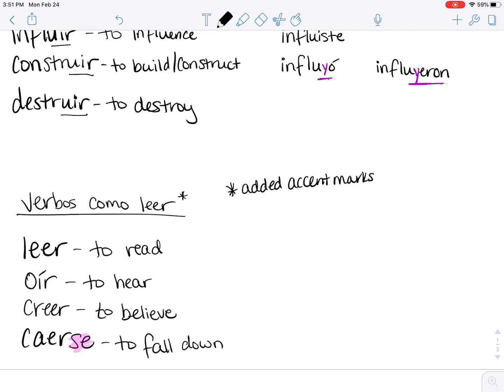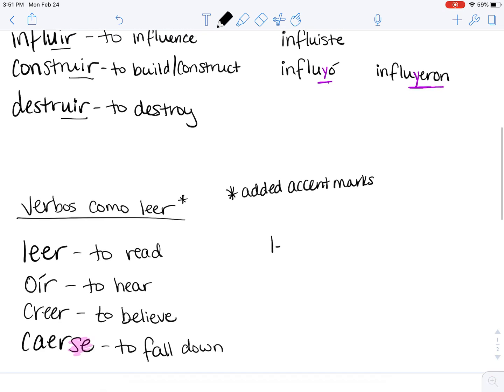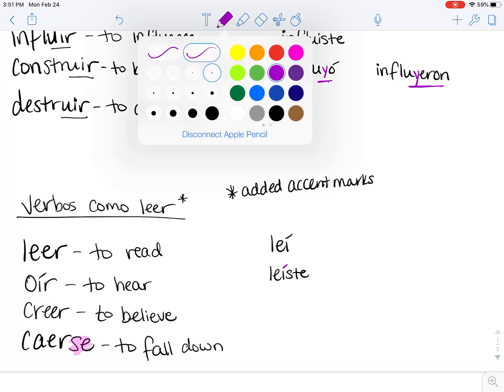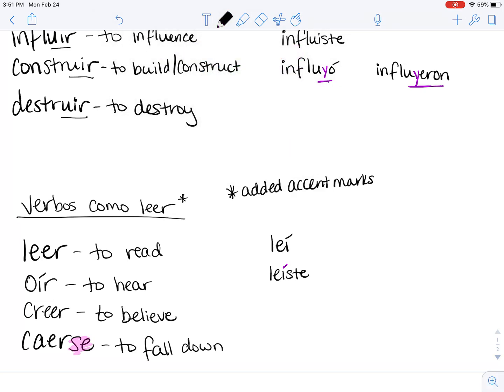So let's use leer as our example. I read would be yo leí. Nothing special about that. Tú leíste. Now here's where you have a change. In order to keep that strong I sound, leíste, we're going to have to put an accent mark, otherwise it gets lost in pronunciation in leer.